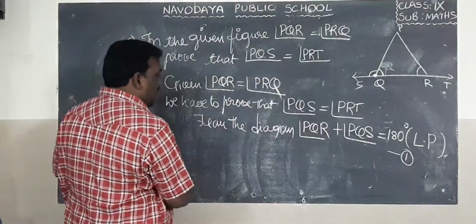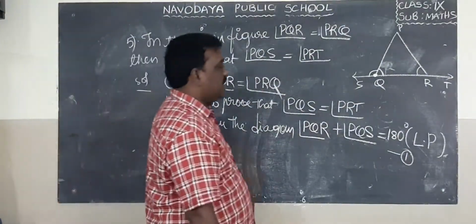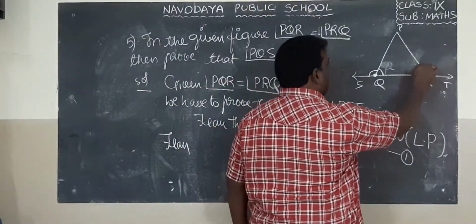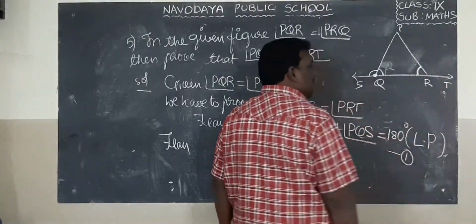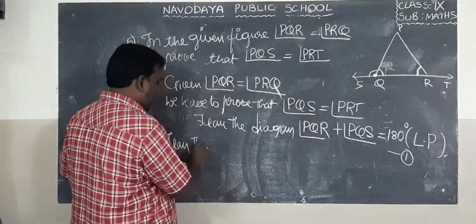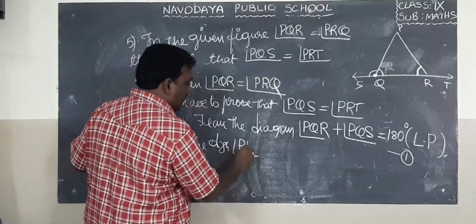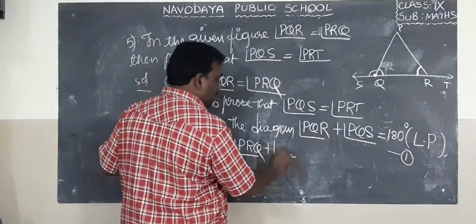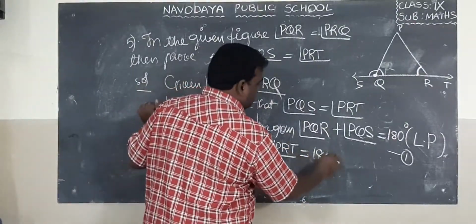Now at R also. See the diagram. At R also there are two angles. Number 1, angle PRQ. Number 2, angle PRT. Again from the diagram, angle PRQ plus angle PRT equal to 180.